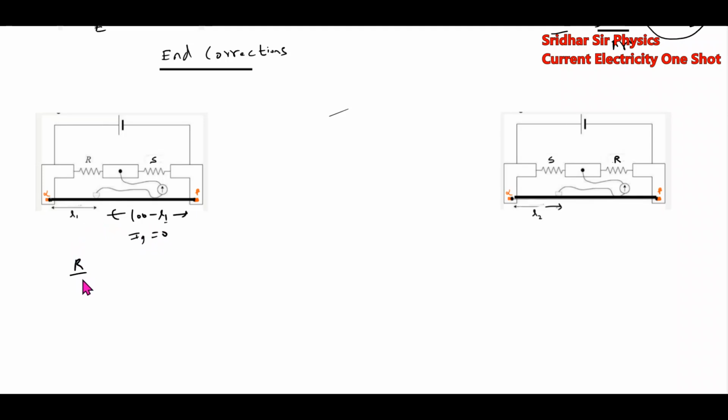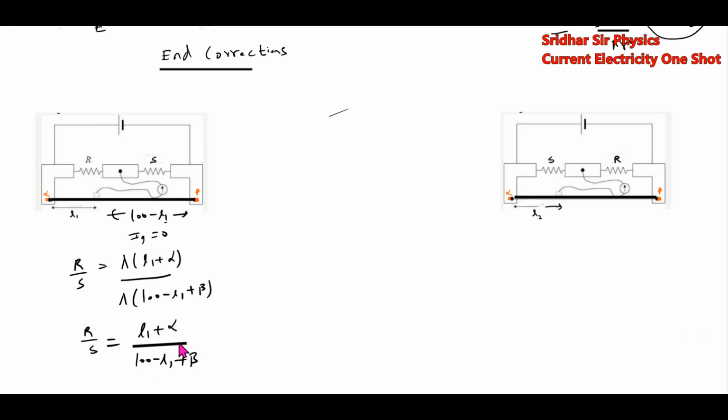Then here R by S is equal to lambda into L1 plus alpha, equal to lambda into 100 minus L1 plus beta. So R by S is equal to L1 plus alpha over 100 minus L1 plus beta.